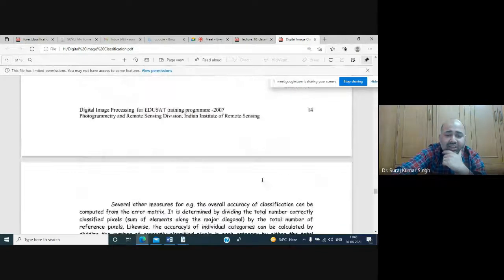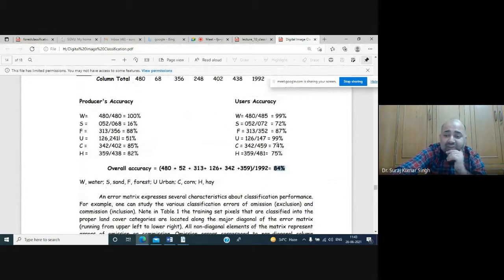Then you have to see which class has got the least accuracy. S and U are the two classes that have got lower accuracy in terms of classification.